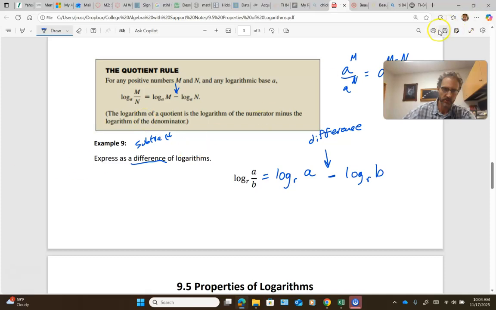And so that's it. I've expressed this logarithm as a difference of logarithms because the argument of this logarithm was a quotient. So that's why this is referred to as the quotient rule.